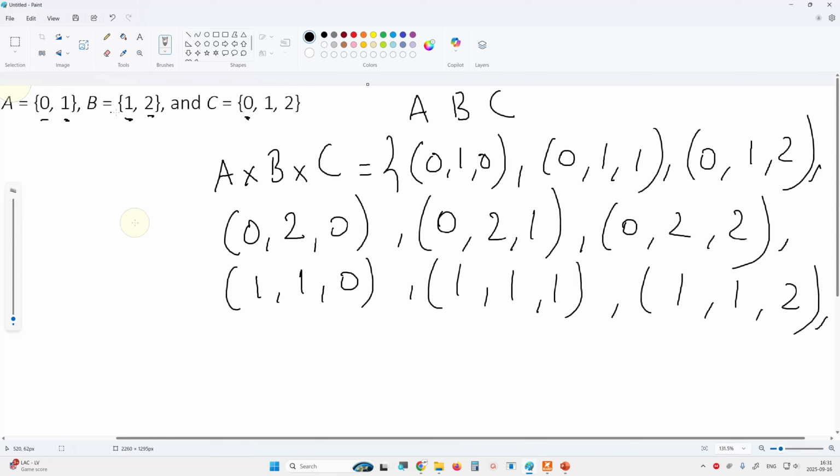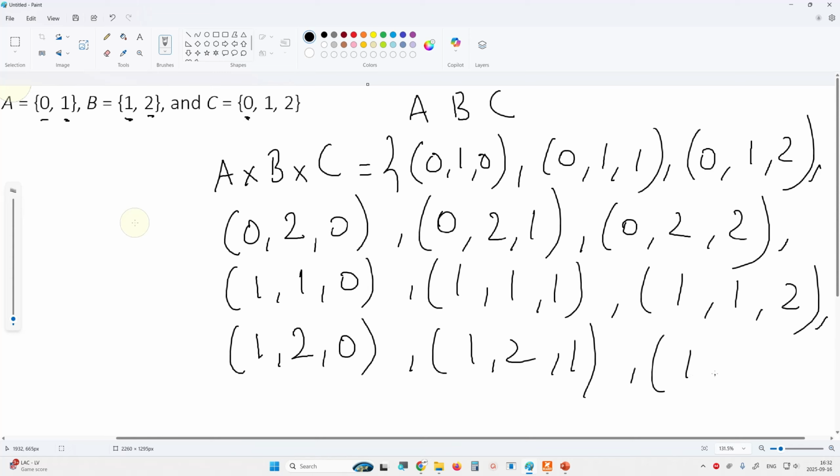So I finished this with the first element of B and all the elements of C. Now I start again with the second element of B and all the C's. So again, now it's 1, 2, and then the first element of C. And then 1, 2, 1, and 1, 2, 2. And this concludes the elements.